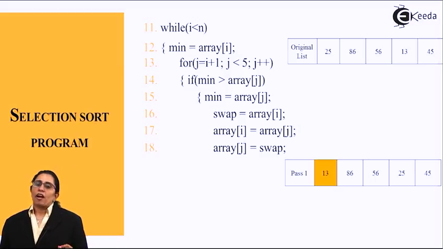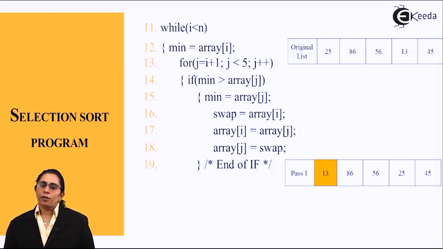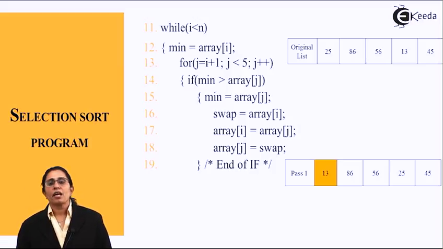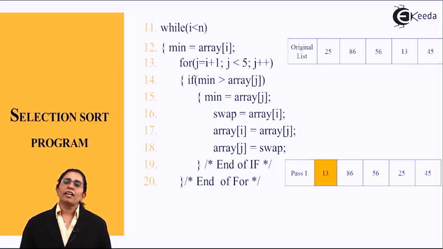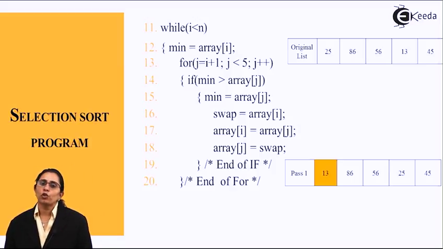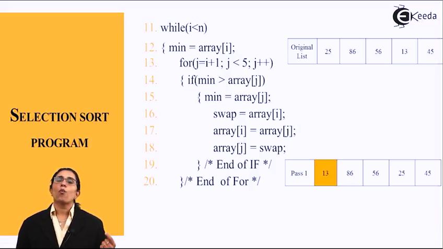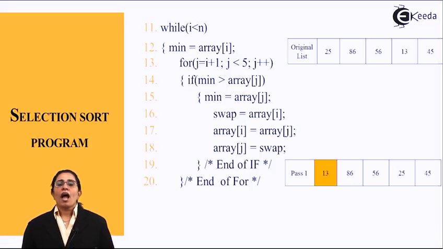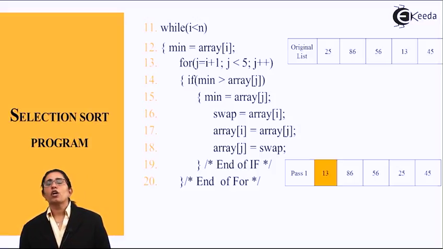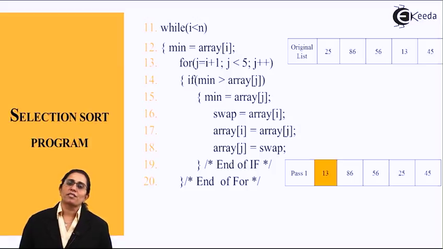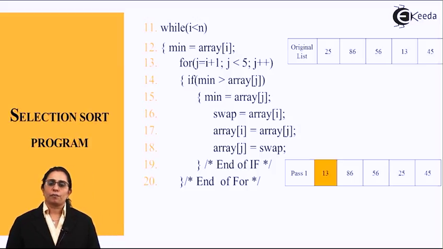Now we have to close all the loops that we had opened. So the next step is end of if, end of for. Now after ending the for loop, what do I have to do? This is only for the first pass, that is for one variable. As I said, if there are 5 elements, my selection sort will take at least 4 passes to sort this list.